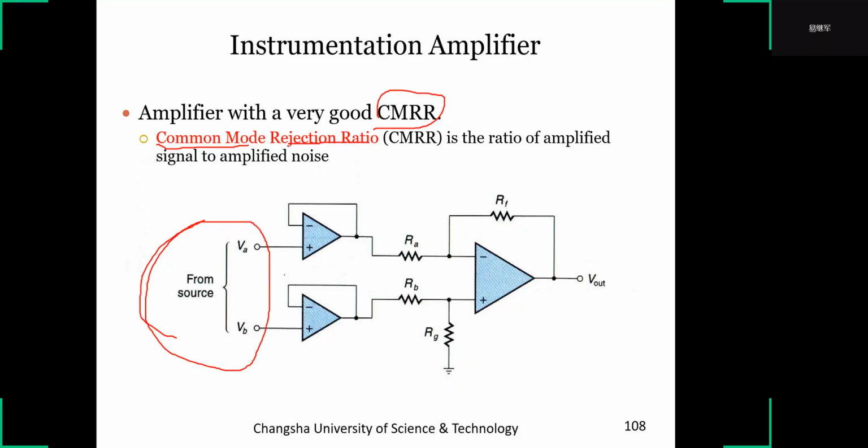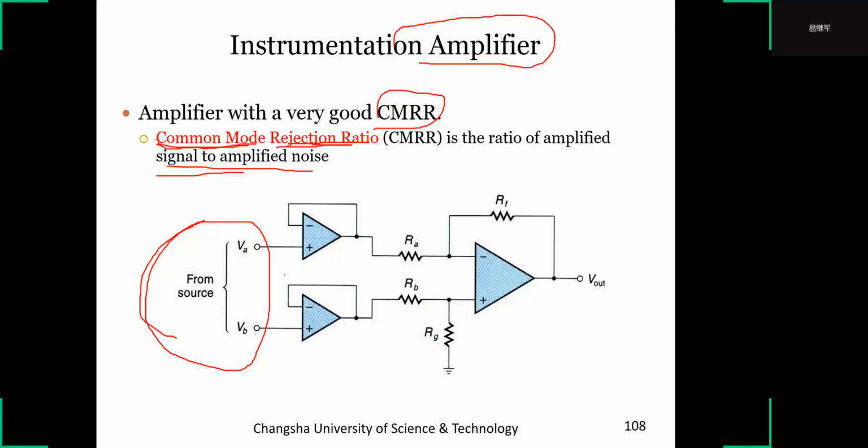is the ratio of amplified signal to amplified noise. If we use this amplifier, this circuit can reject the noise. So we call it the common mode rejection ratio.